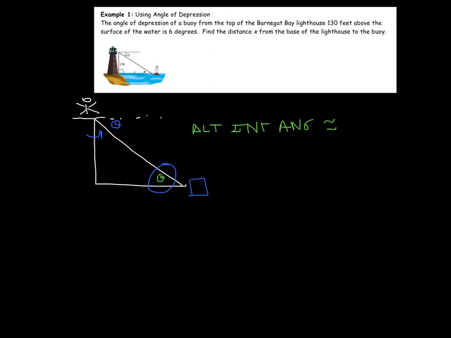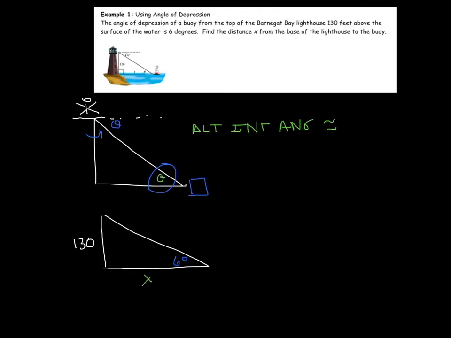All right? So in this problem, let's redraw it. 130 is going to be this distance here. And 6 degrees, I'm going to go ahead and put that right here in the corner. All right, and we are looking for x, this distance right here.